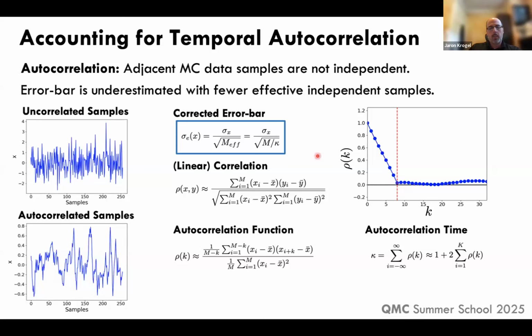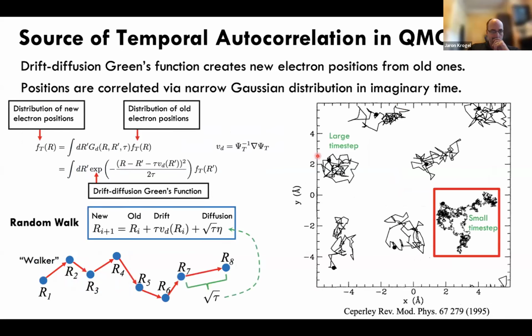So where does temporal autocorrelation come from in Monte Carlo, or really in quantum Monte Carlo? It comes from the fact that in both VMC and DMC, you create new electron positions from a drift diffusion Green's function. In other words, the distribution of the new positions is created from the distribution of old positions through this kind of Gaussian transition matrix.